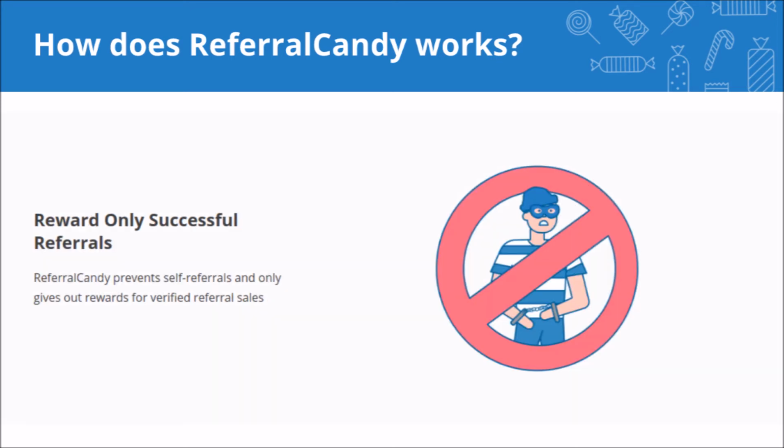What happens if someone refers themselves because they want to get a discount and also want to get some sort of cashback? Well, we can track those transactions. We can track fraudulent transactions and not apply these rewards, obviously, but also because we have a filter to make sure that every transaction that we reward is valid.